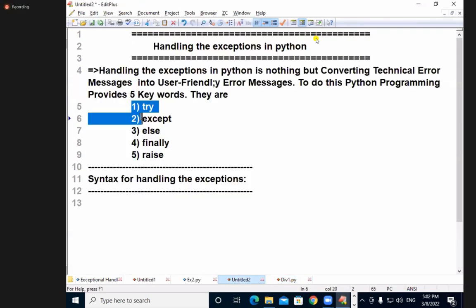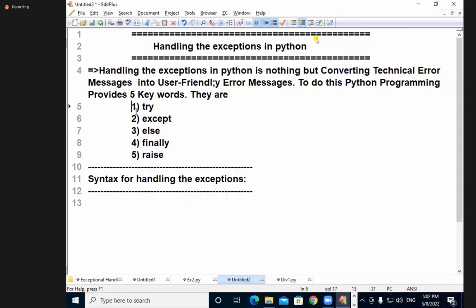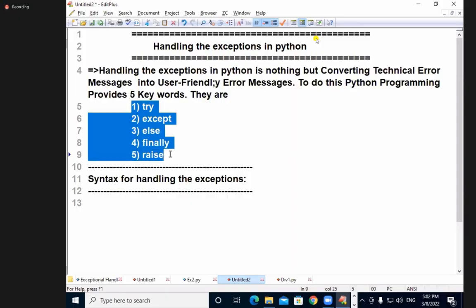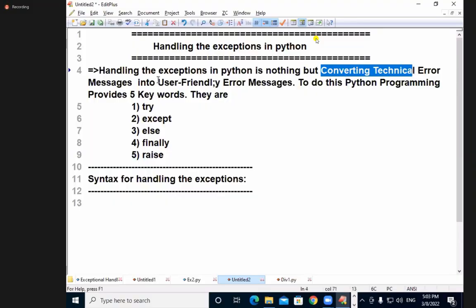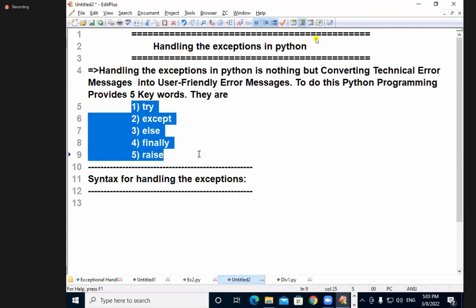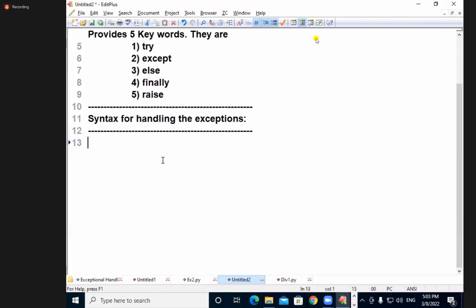I hope you are understanding why I am taking these keywords now: to convert technical error messages into user-friendly error messages. To do this type of process, how many keywords are there? Shall we go for the keywords now? Yes. Now I am going for the syntax.